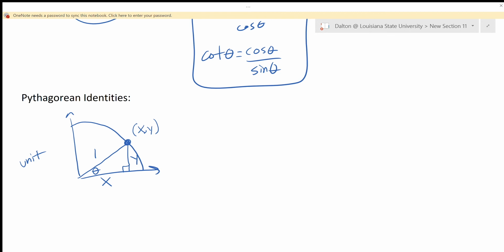Okay, so now, what does the Pythagorean theorem say about this triangle? x squared plus y squared is equal to 1. Now, you can write x squared differently. Yes, but let's use trig functions.